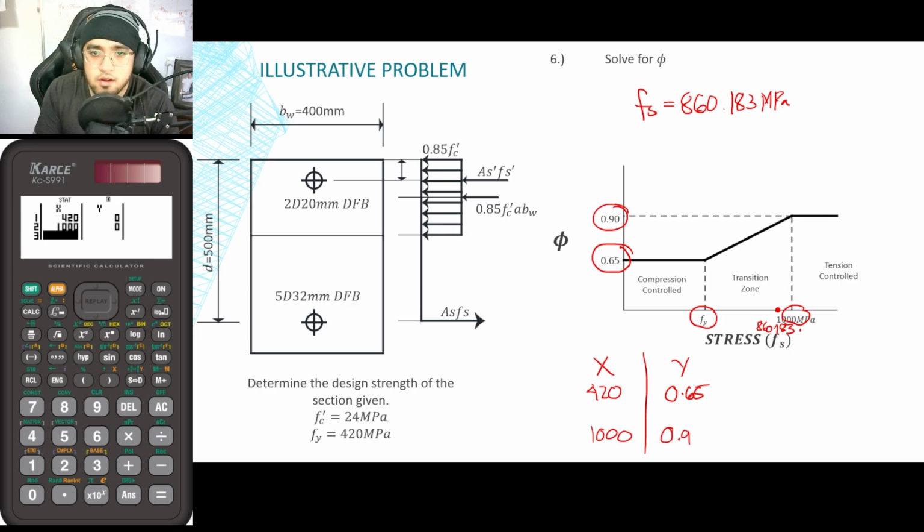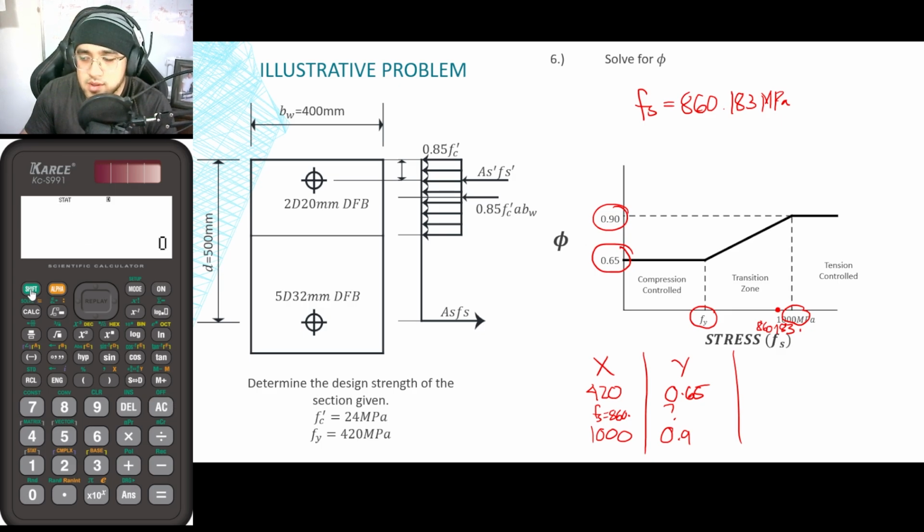So for an Fs equal to 860.183, we do not actually know what the value of y is. So from that, before clearing my calculator, I will now type in the values of y, their partners, so 0.65 for 420 and 0.9 for 1000. So clearing it, then going back to stat mode by pressing shift then stat.